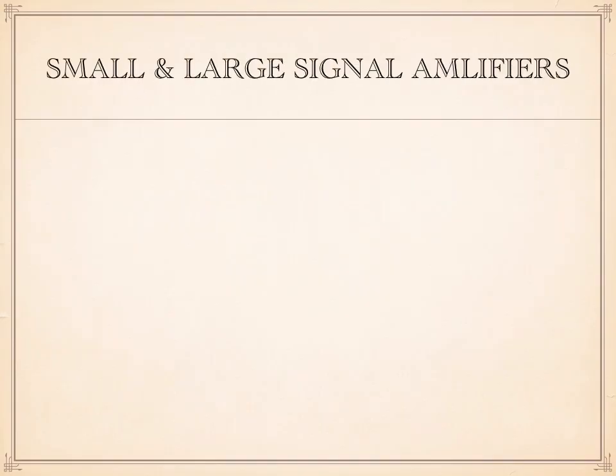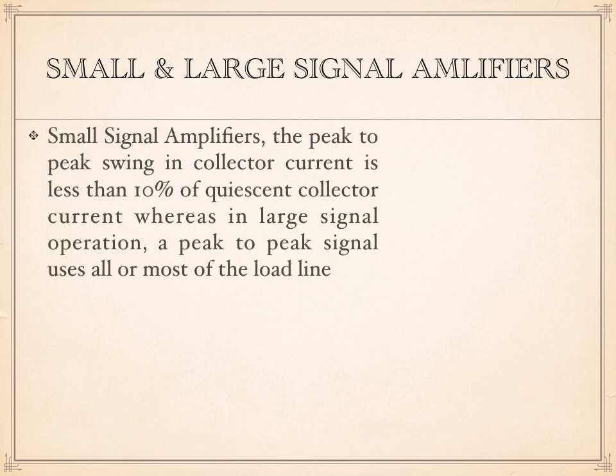As power amplifiers are large signal amplifiers, this slide shows the comparison between small and large signal amplifiers. In small signal amplifiers, the peak to peak swing in collector current is less than 10% of the quiescent collector current, that is the operating point collector current.